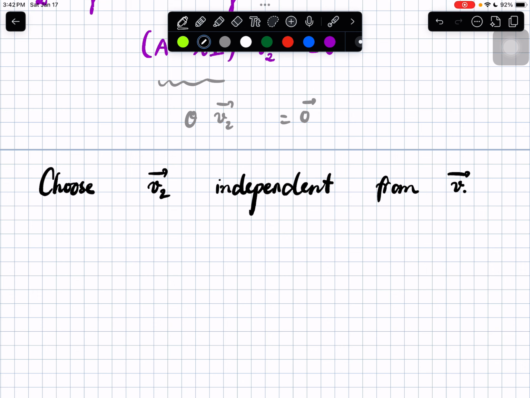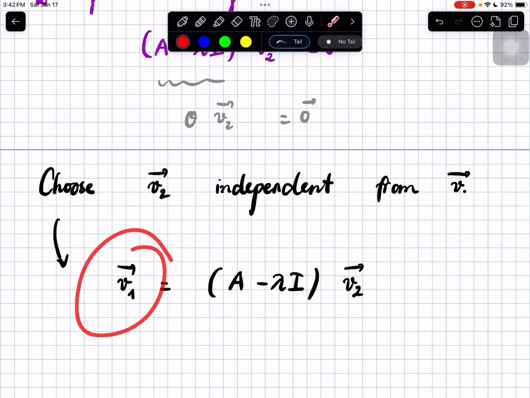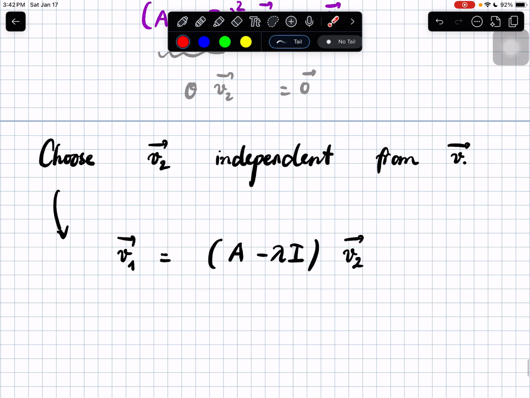Now from v2 you contract back and you get v1. v1 is computed as (A minus lambda I) times v2. This one is non-zero. It is an actual eigenvector. If this were 0, then v2 would be an eigenvector.